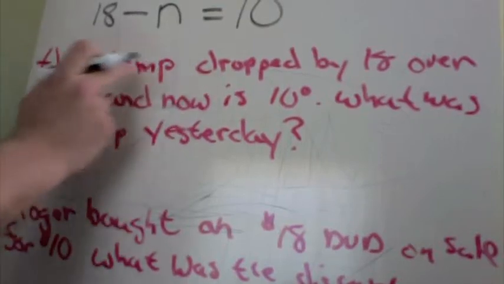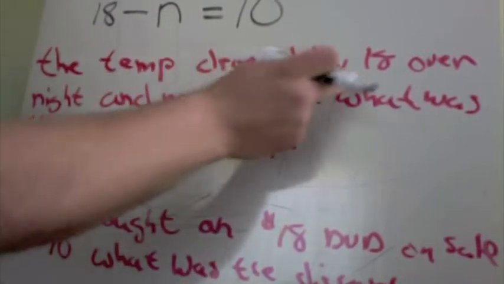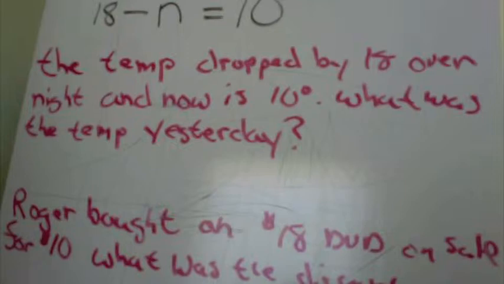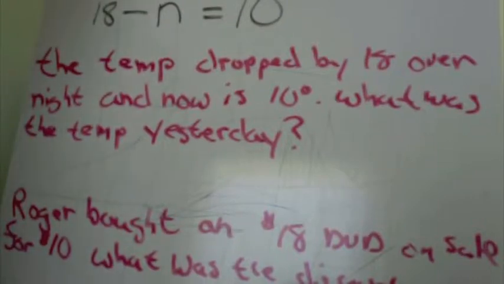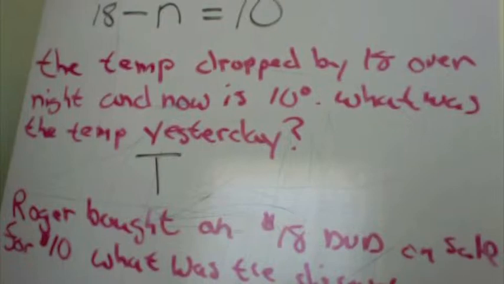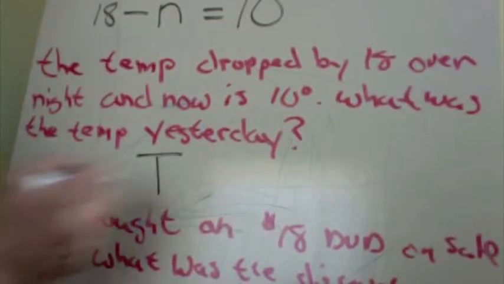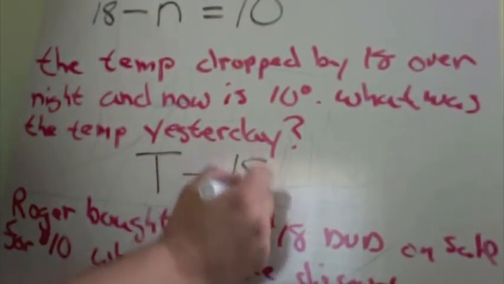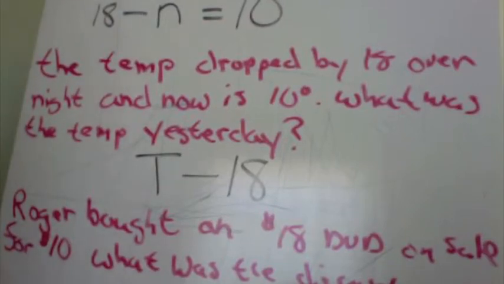So now, here's the next one. The temp, it's supposed to be temperature, dropped by 18 overnight and is now 10 degrees. What is that temperature? So it says the temperature dropped by 18. Does it tell us what the temperature is? And the answer is no. So the temperature is some number. We'll just say T. Now it dropped by 18, so that means whatever it was, we took away 18 overnight, and now is 10.